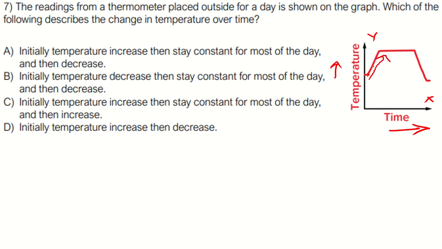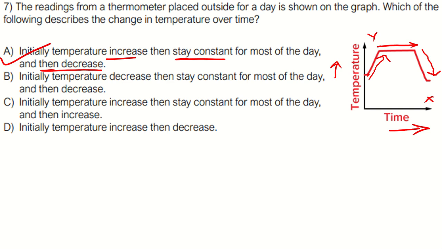Yes or no? It is increasing. And after that, it becomes constant because it is not changing. And then it is decreasing because it is going down. So what answer are we going to choose? Initially temperature increases, then stays constant for most of the day, and then decreases. Yes, this option is correct.